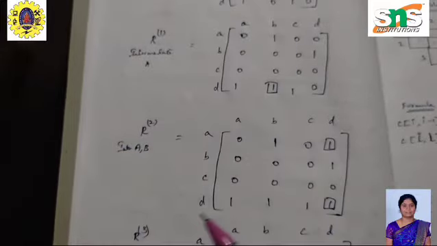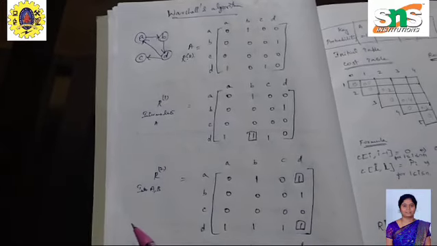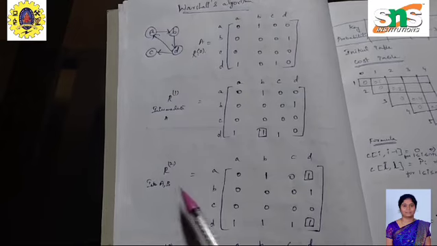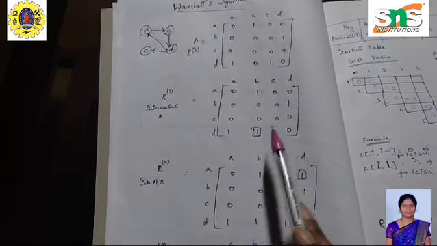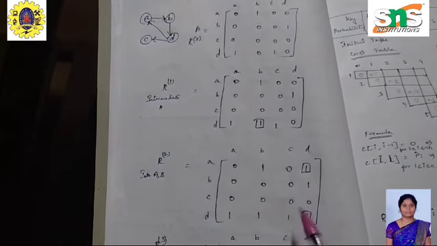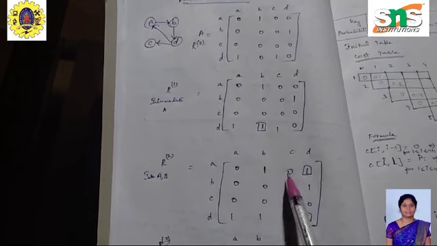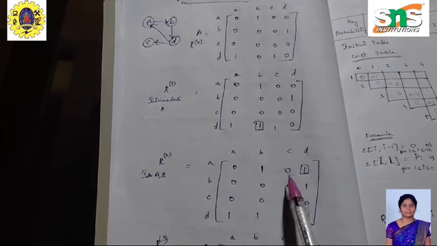Now next we have to find the next intermediate node, next path, that is the transitive closure. So here nodes A and B are intermediate nodes, which are opened now. So now we have to check. The entries already available with 1 have to be mentioned as they are, and the remaining ones we have to find. So A to A we don't have, and A to C we don't have any connection, so it is 0.